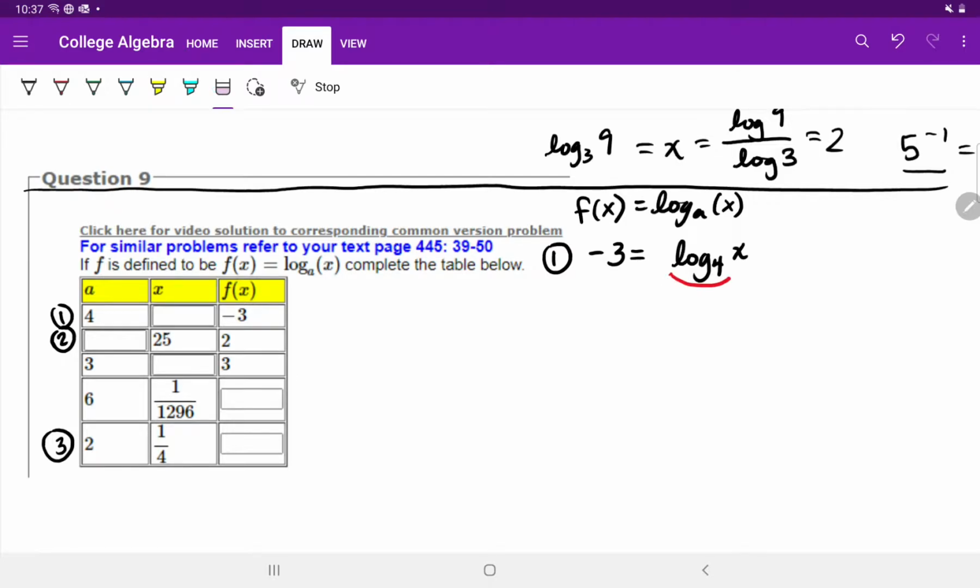The way we get rid of log base 4 is you do its inverse. We are going to take 4 to the power of both sides. So that would be 4 to the -3 equals, the base 4 to the log base 4 are going to cancel each other out, leaving us with just an x. So you could punch this into a calculator, or you could do it in your head. This is going to be equal to 1/64.